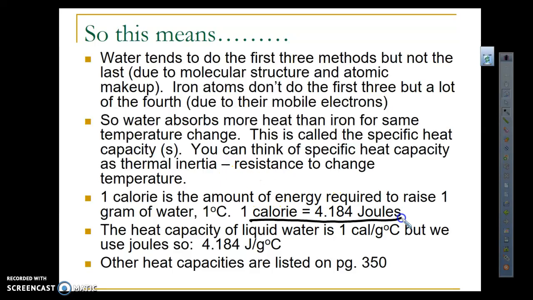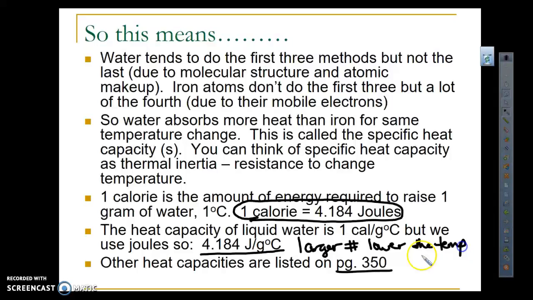Now, this conversion right here is something that you need to know. But the listing of all heat capacities is on page 350, and they're all given to you. The larger the specific heat capacity, the lower the temperature change.